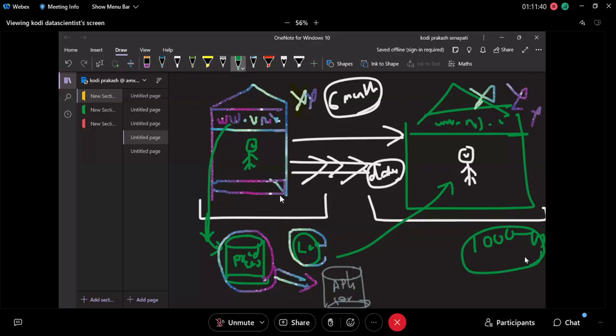Out of 1,000, only 10 people work on the production server, and 990 employees work on the application server. So today or tomorrow, whenever you join any company, ask, can you give me access to the application server, not the production server? Is that clear?